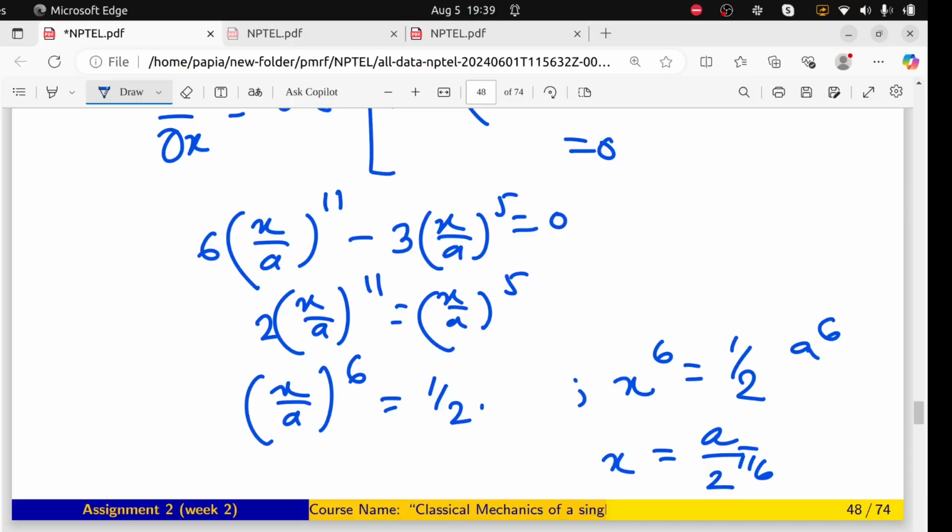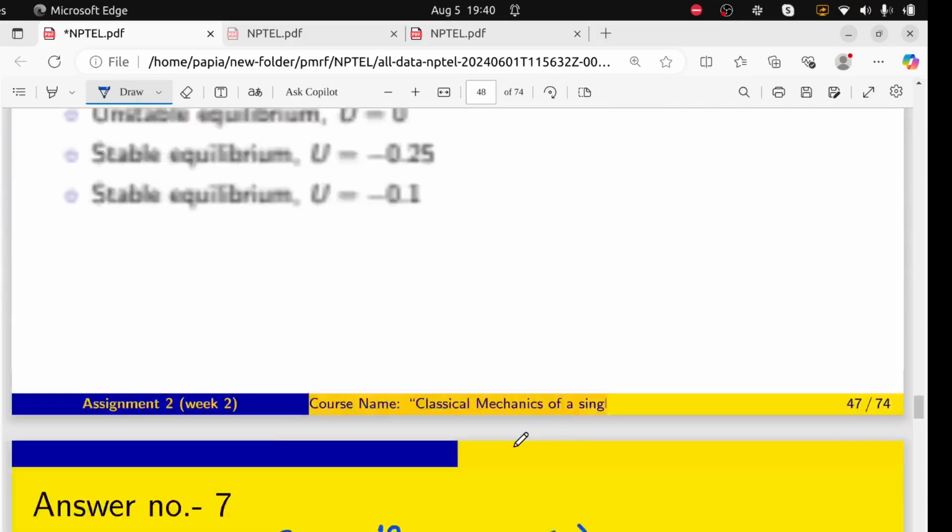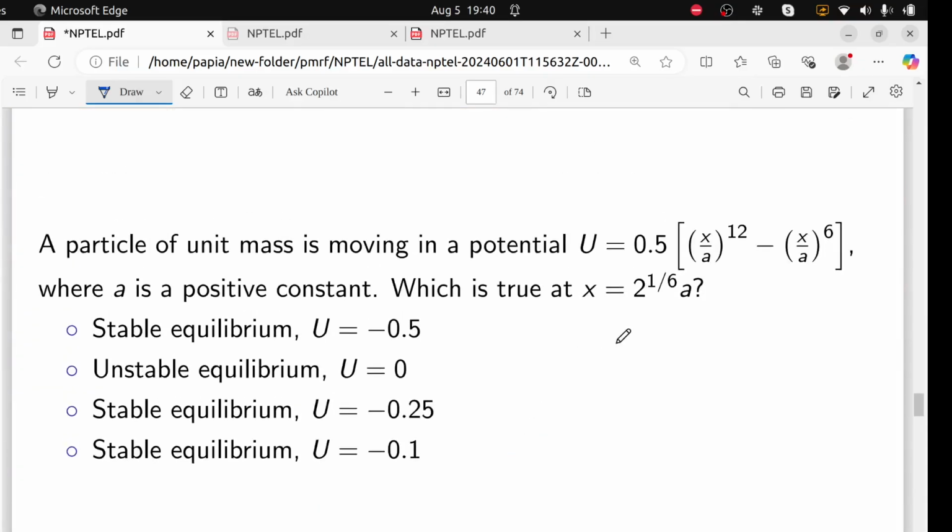So it's like that, x by a to the power 6 equals 1 by 2. Okay? Now, x by a to the power 1 by 6.